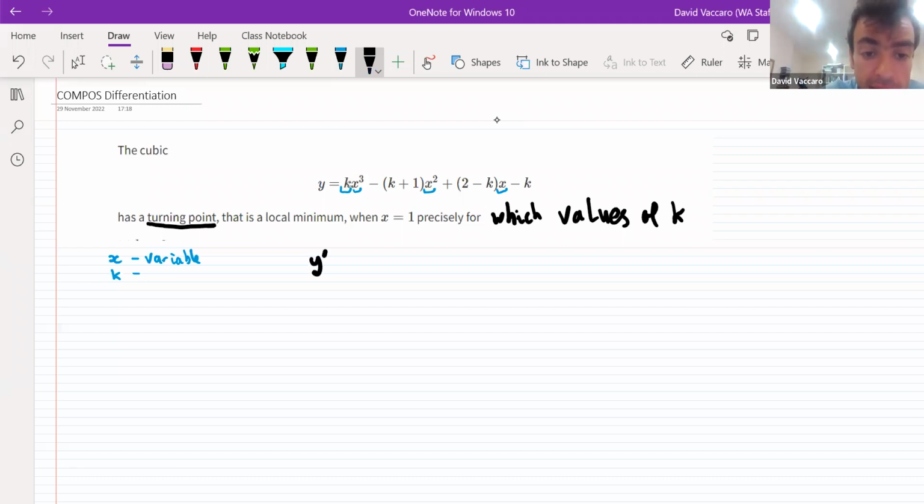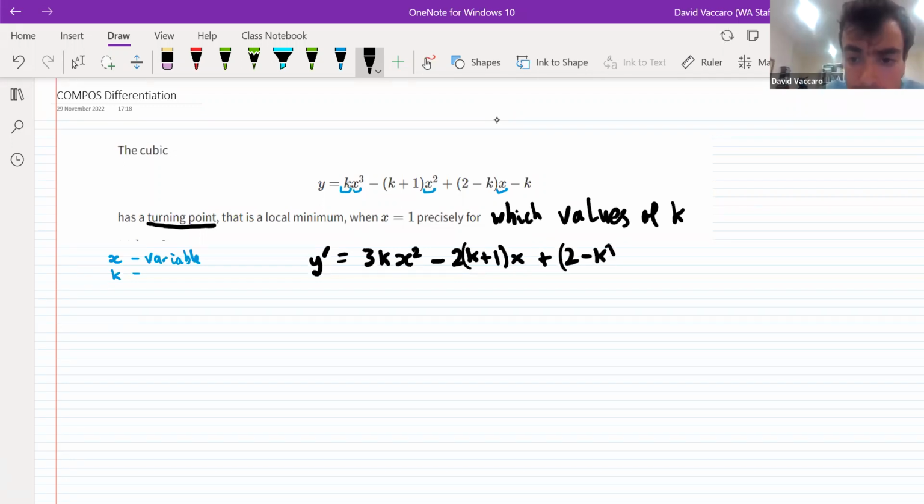So we differentiate. So we do y dash is equal to 3kx squared, subtract (2k plus 1)x, plus 2 subtract k. Now what we want to do is check whether x equals 1 is a turning point.